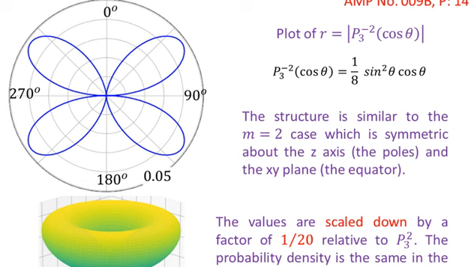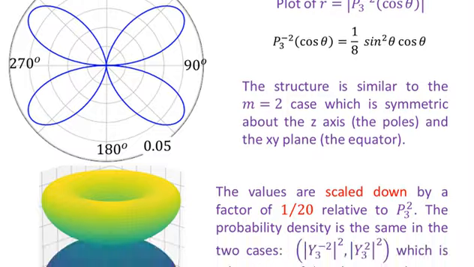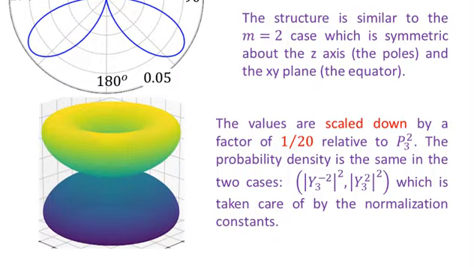That is, the maximum of the density will occur at the same angles that I have discussed previously. The number of angular nodes will also be identical, 3 in number. This is what I have discussed in the previous slides, so all the knowledge of the previous slides will be applicable to this slide, except that the values are scaled down by a factor of 1/20 relative to the P32 case.